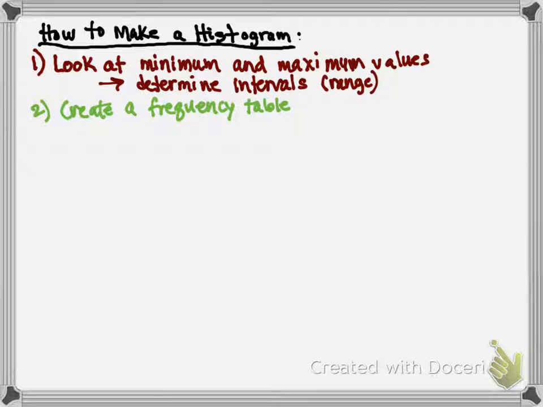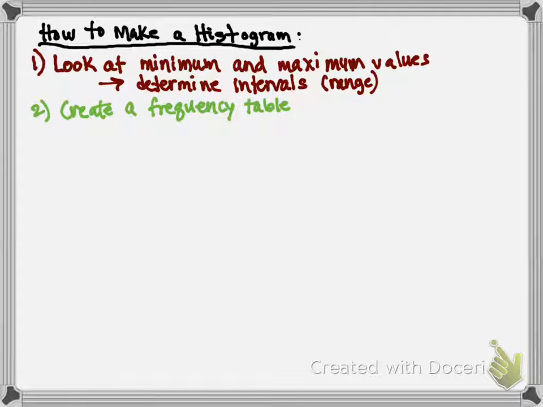Okay, so basically, all you're going to do with a frequency table is you're going to create the intervals, and then you're just going to make a tally mark when you go through your list of data, how many times each number shows up. Just like with the line plot, as you saw the data, you made a mark.